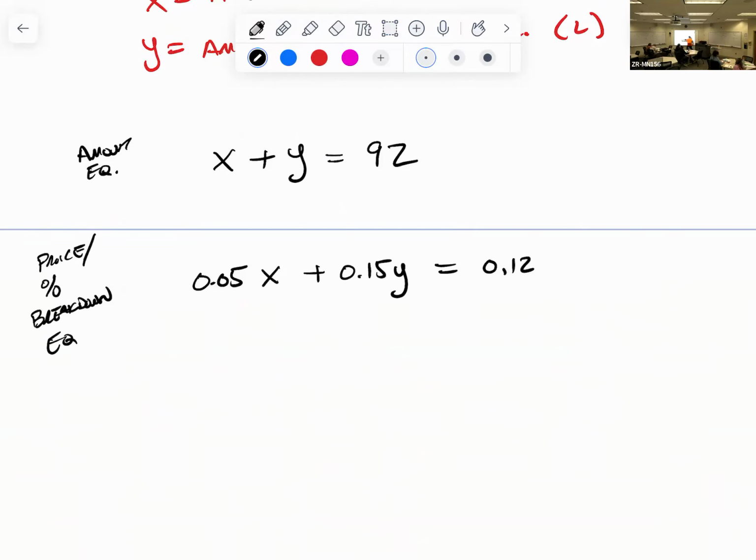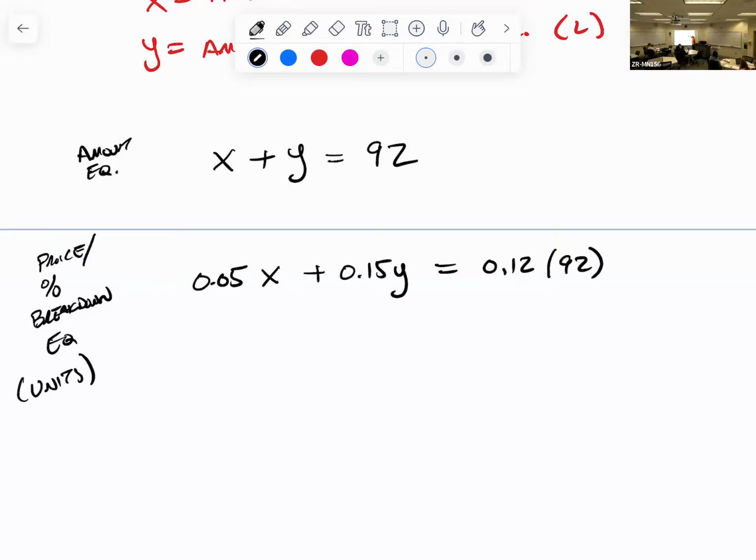Percent of nitrogen times the amount. Percent of nitrogen and the amount. And what goes right here? The amount. What amount? 92. This one is super important, so pay attention to your units, because that's percent of nitrogen times liters.